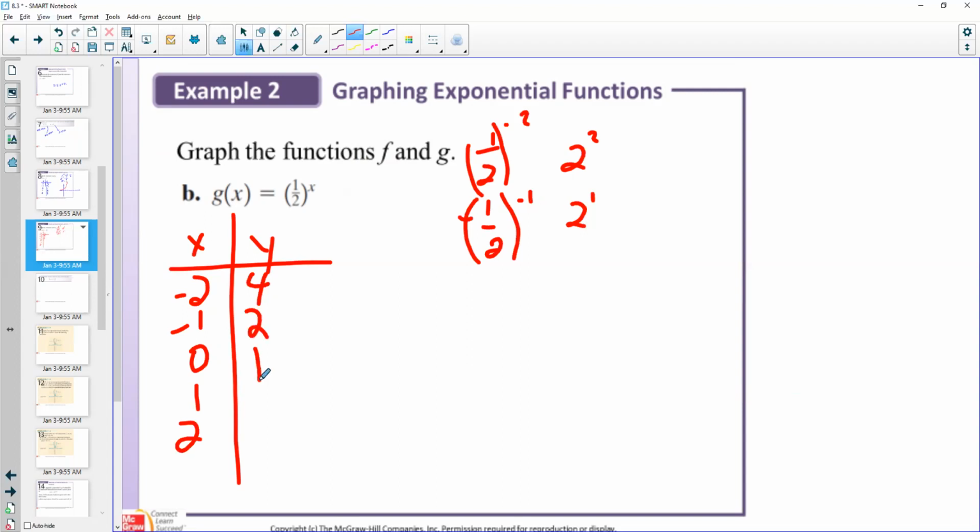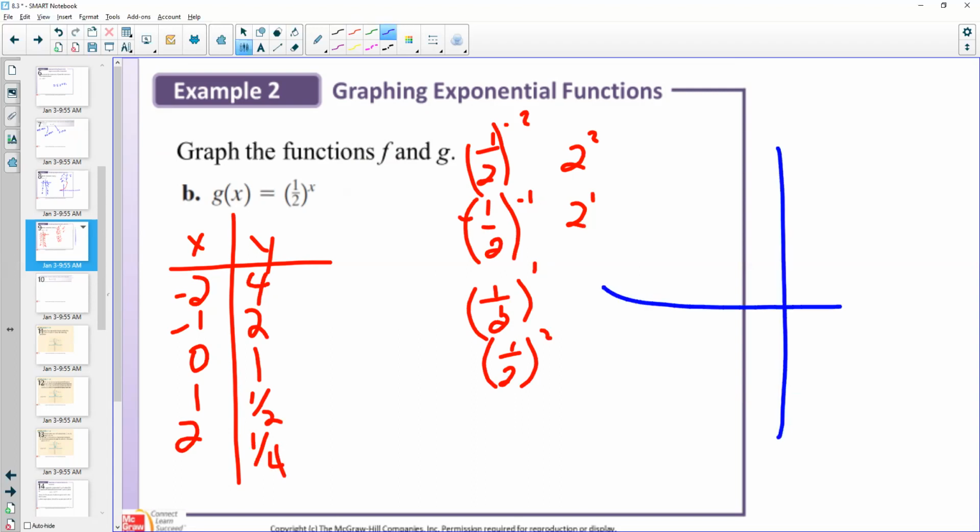Anything to the 0 power is 1. 1/2 to the first is just 1/2. 1/2 squared is 1 squared over 2 squared, which is a 4th. So you can see the numbers are really familiar because we just saw them, but they're in a different order.